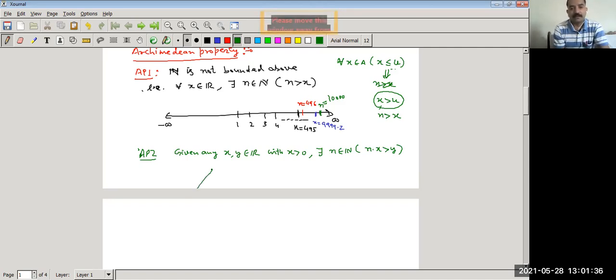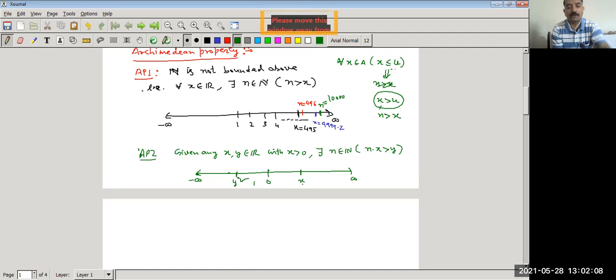You can take any set of real numbers, and choose any x which is greater than 0. If we take y here, then obviously y is negative.